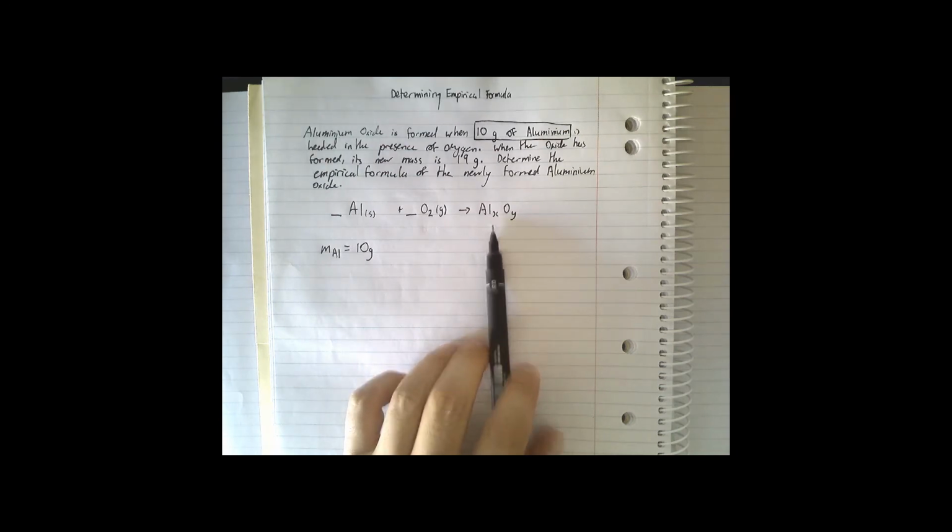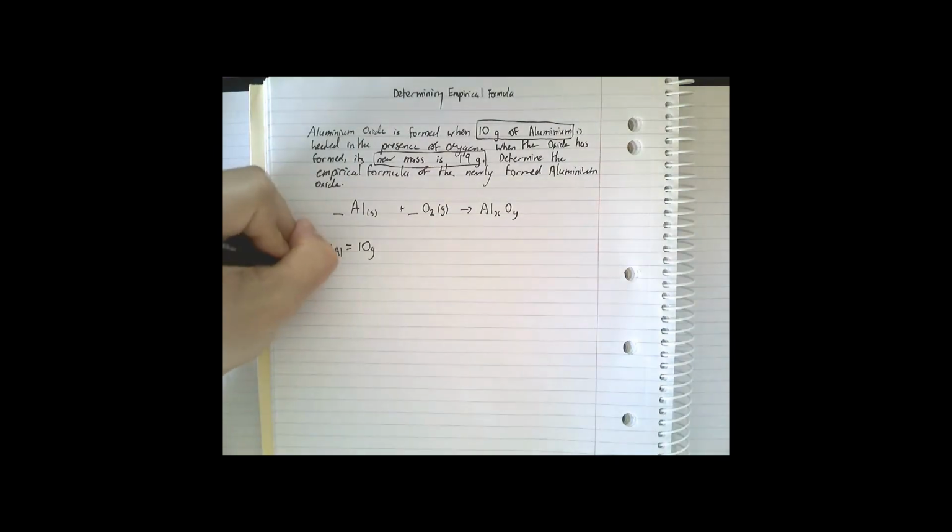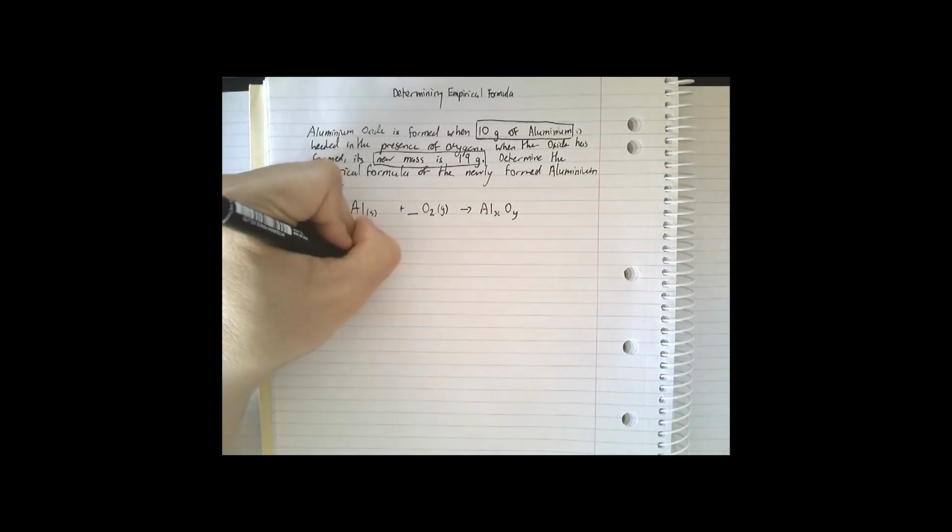That assumption's being made and assuming that all of the aluminium has completely reacted. What we've also been told is the new mass, and the new mass is 19 grams. So that's the mass of our aluminium oxide, whatever ratios they exist in, that is 19 grams.